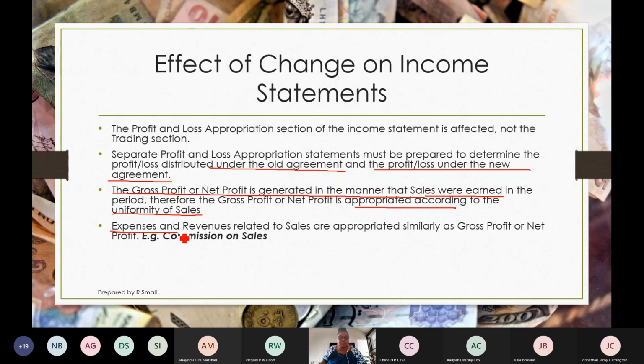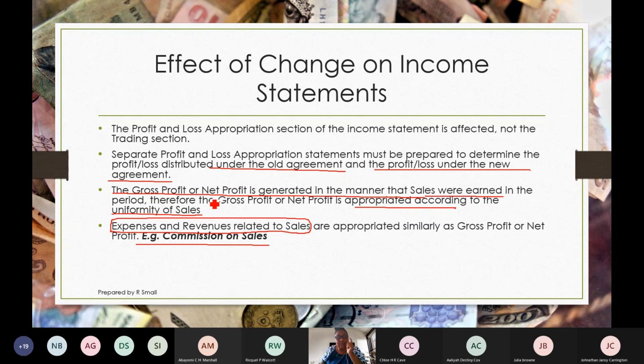So if you have an expense that is related to sales, okay, this is critical. Make a point of that. If the expense or the revenue is related to sales, like selling and distribution is an expense, but selling and distribution have related to sales, commission on sales. So to give you an example here, commission on sales. So there's a revenue related to sales.